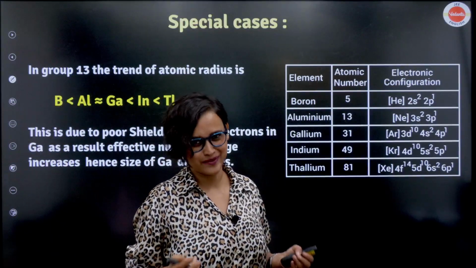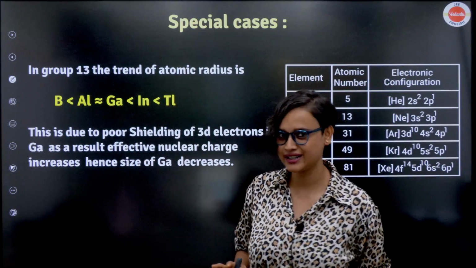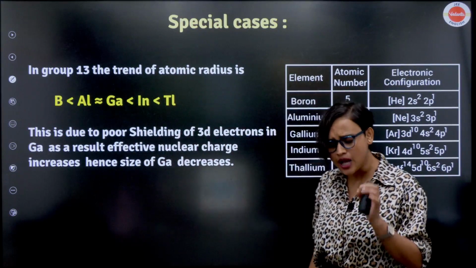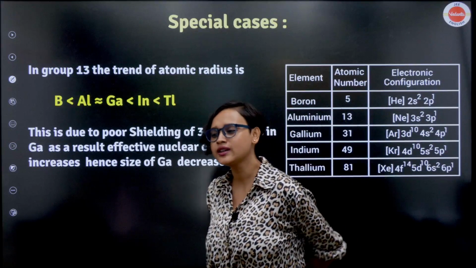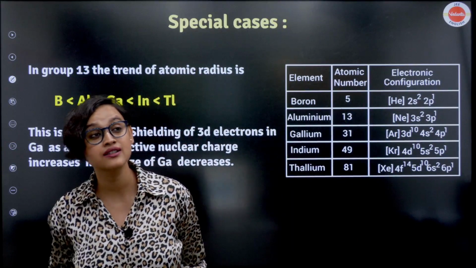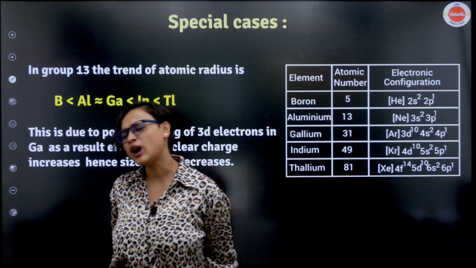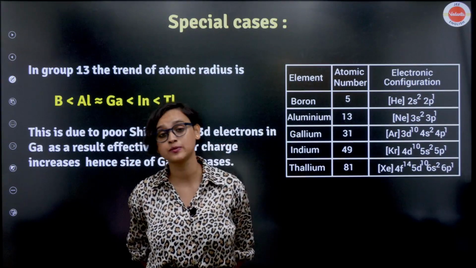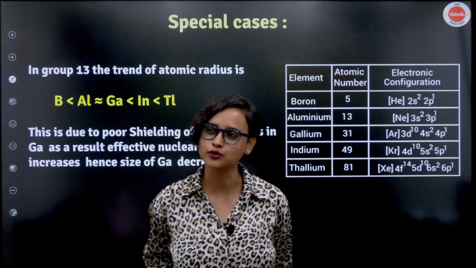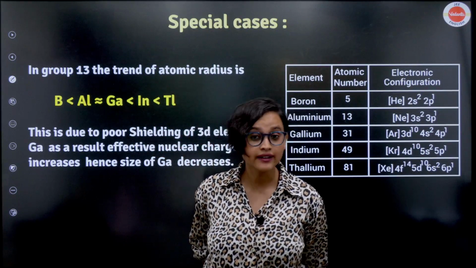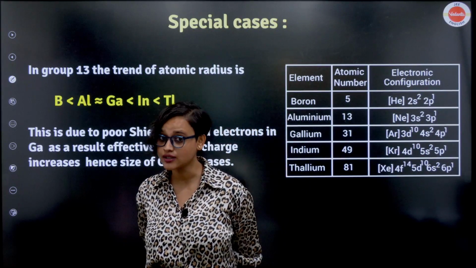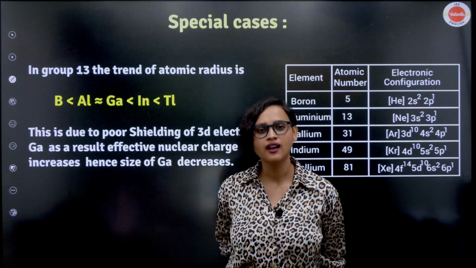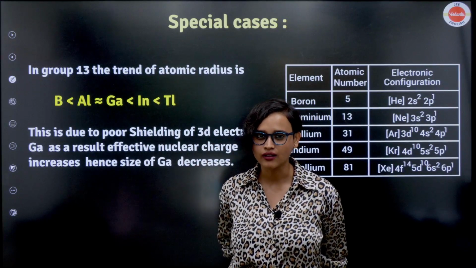Now obviously, it's chemistry, it's not like there are no exceptions. But you know what? A lot of people keep saying that chemistry is a mystery and there is always an exception. Actually, I was just very recently speaking with another chemistry teacher at Vedantu, and during this conversation I realized that actually there is no exception.